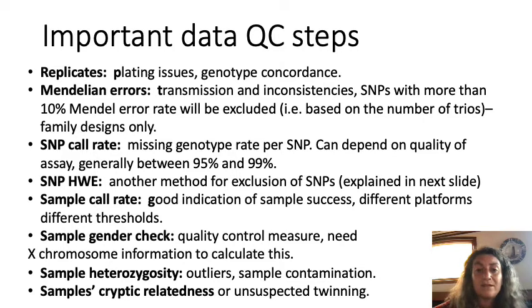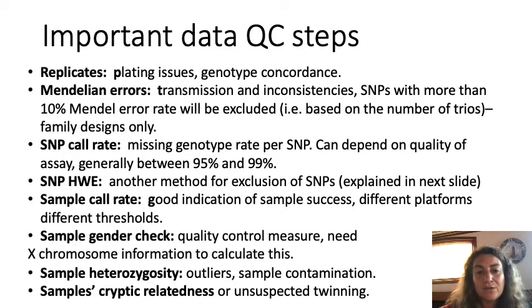Then there are Mendelian errors to control for, for instance transmission inconsistencies. For example, SNPs with more than 10% Mendel error rate can be excluded. This would be based on the number of trios that you include in your experiment. Unfortunately, this option is only available for family-based and trio designs.